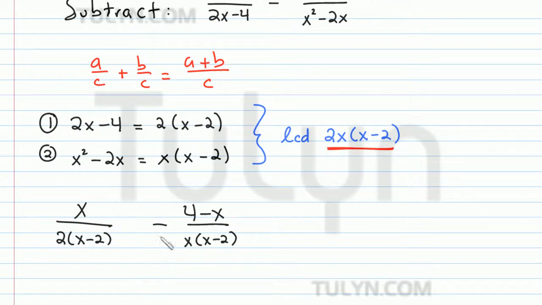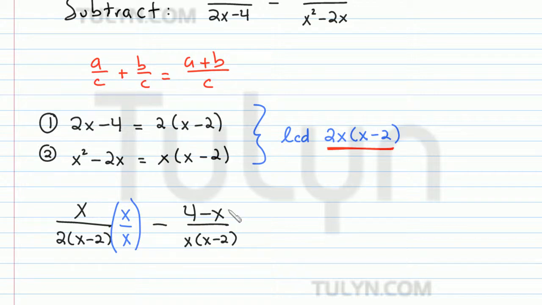So we have to fill in whatever's missing. So notice, in the first value, we have 2 and x minus 2, but there's no x. So how to fix that? We multiply the denominator by x. But whatever we do to the denominator, remember, we also have to do to the numerator. So the first rational expression, we're going to multiply by x over x.